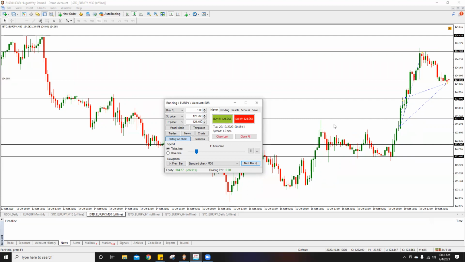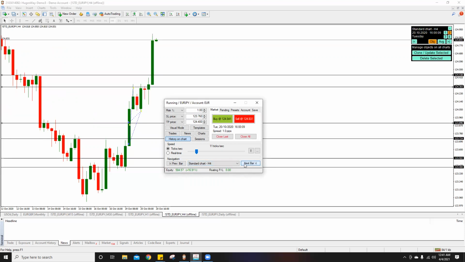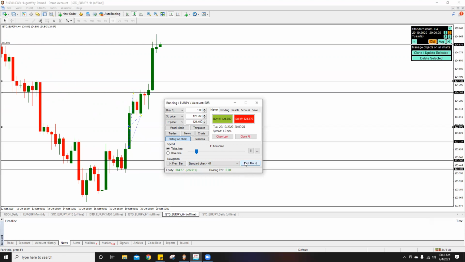So we're going to go ahead and skip through this. We're going to look at the next session for the next day in order for us to take an entry. So now we've corrected this entire move.